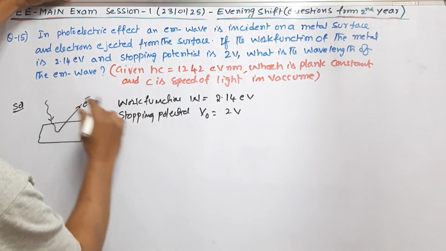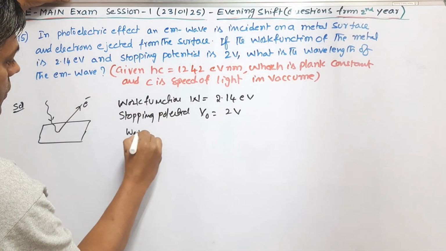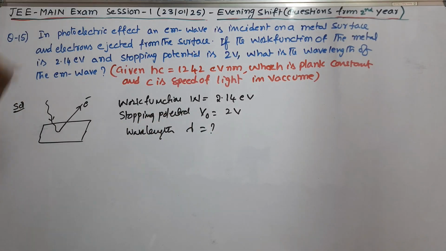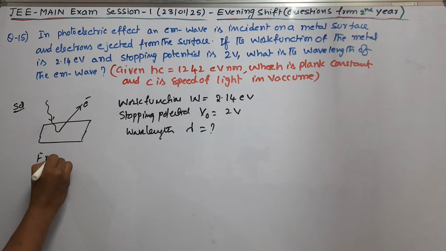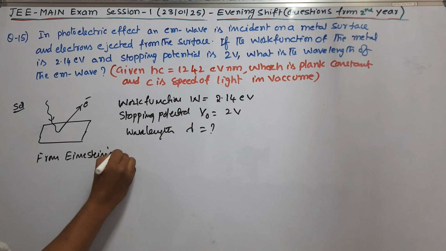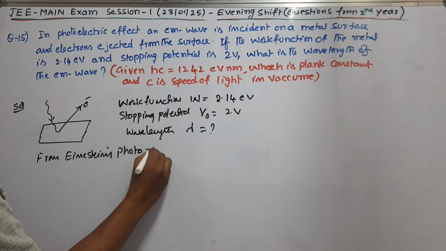What is the wavelength of the electromagnetic wave? Wavelength lambda is equal to question mark. You know, this is obtained from Einstein's photoelectric equation.